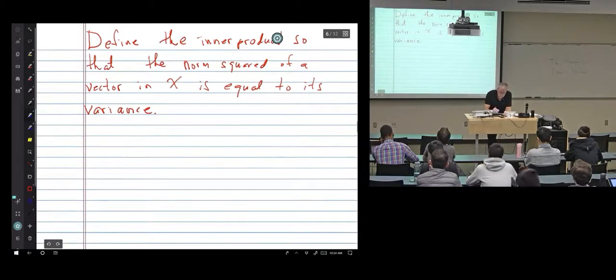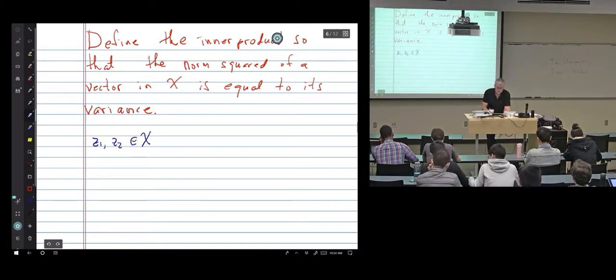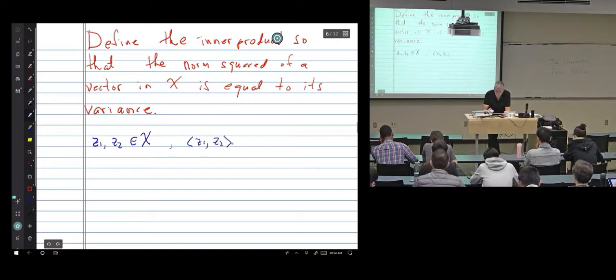Okay? So if Z1 and Z2 are vectors in X, I'm going to define the inner product of Z1 and Z2 to be the expected value of Z1 times Z2.